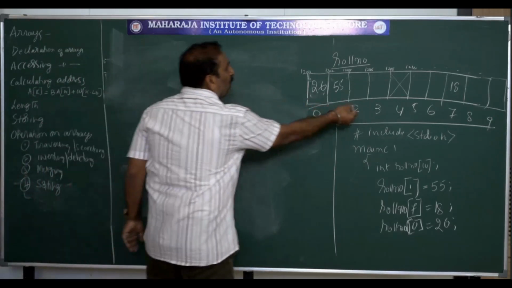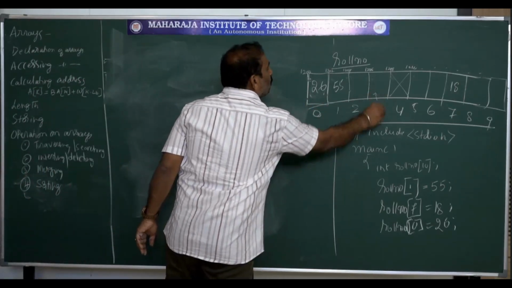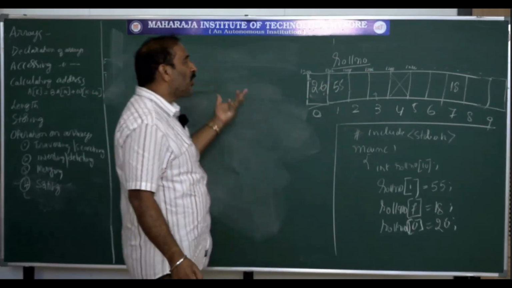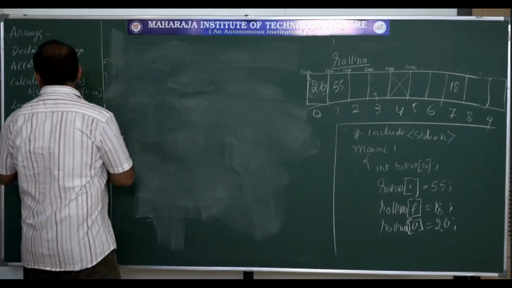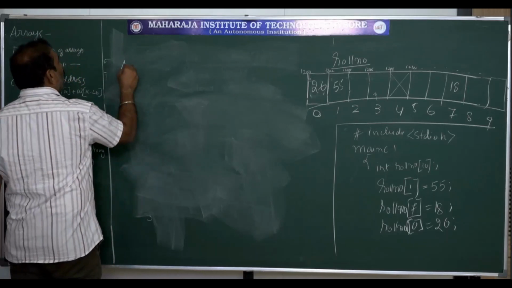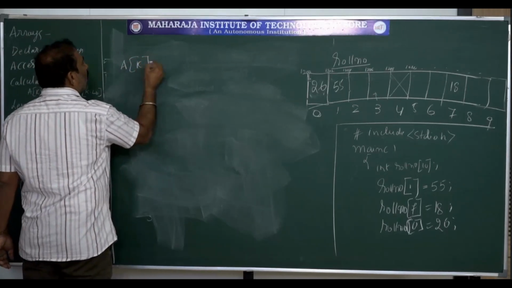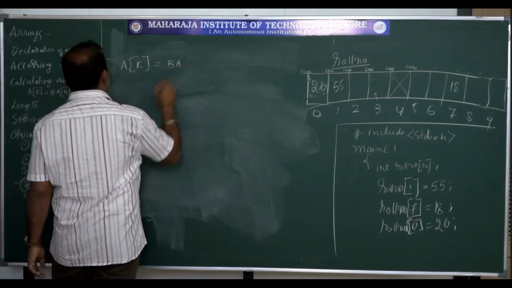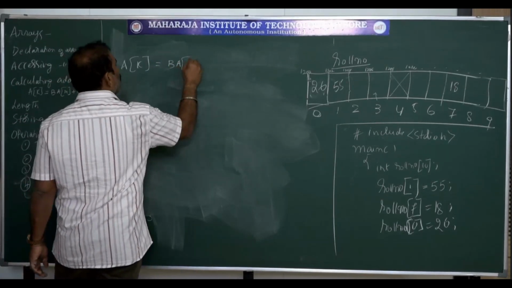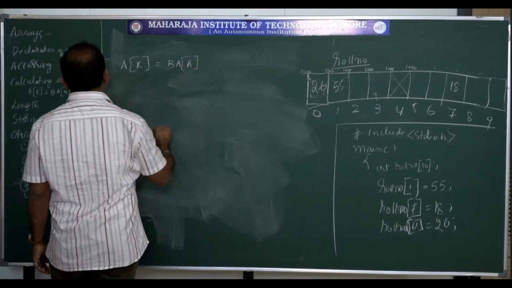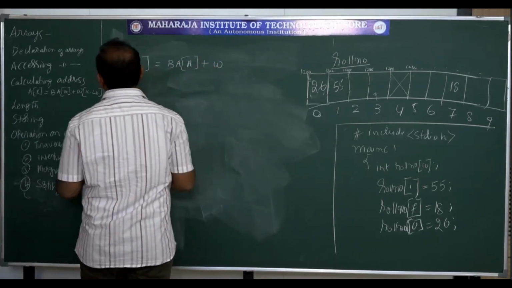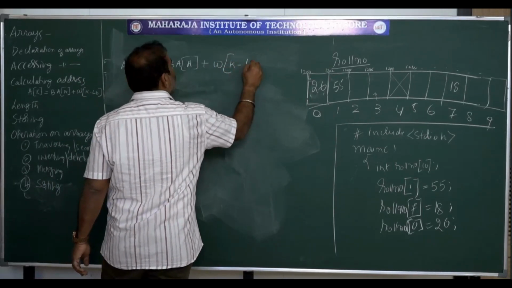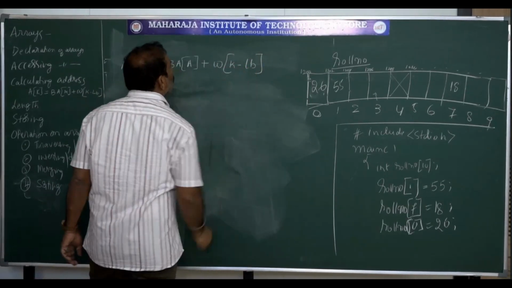Right? Say for example, I would like to find the address of this. What is address? You know that it is 11206. How did you compute that? There is a formula called A of k. Address of the kth element is equal to base address plus word length into k minus lower bound.